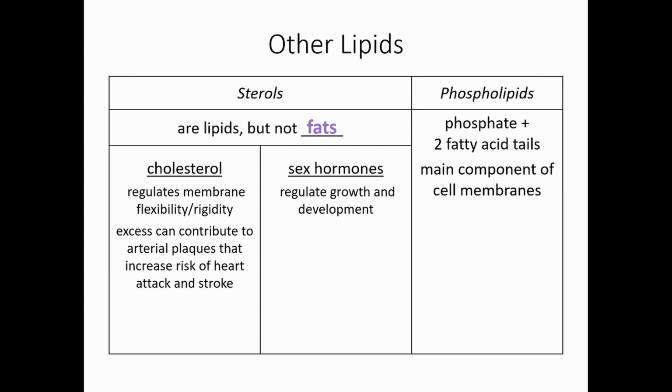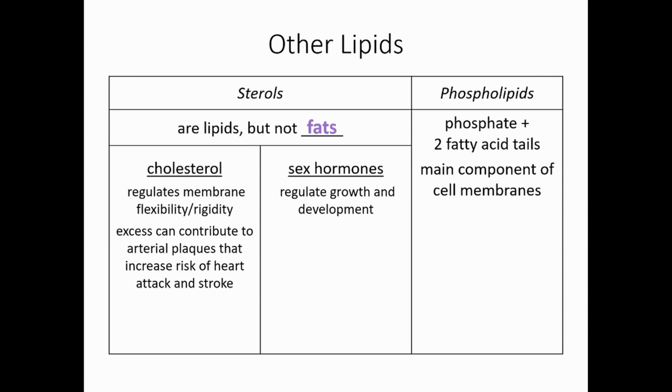Phospholipids is another category. Phospholipids are pretty special. These have a hydrophilic and a hydrophobic part to them. So we've replaced part of the triglyceride, we've taken a fatty acid tail off, and instead we've added a phosphate group to the glycerol backbone. So with the phospholipids, we end up with one side that's hydrophilic and the other side that's hydrophobic.